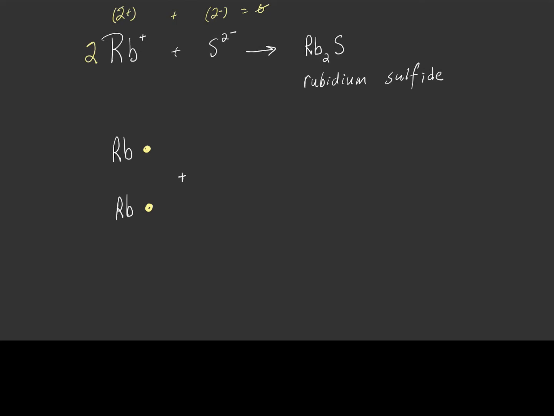We have 1 sulfur up here. Remember, this coefficient is 1. 1s are understood. If we go back to our periodic table, we can do this 2 ways. We can look at the periodic table and figure out how many we need, or we can remember what we've learned: if sulfur has an oxidation of -2, it's going to take away 2 electrons so that its outer orbital can become full.